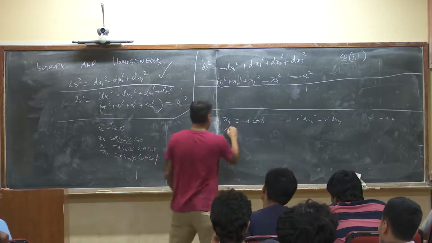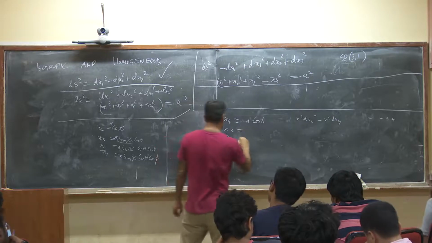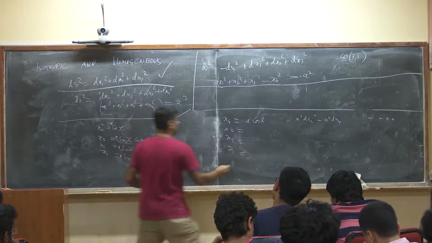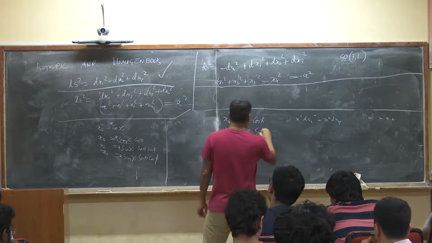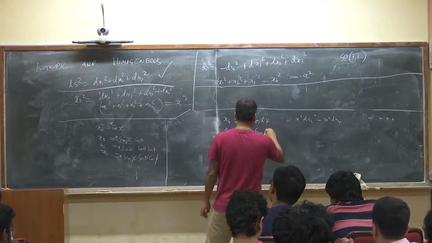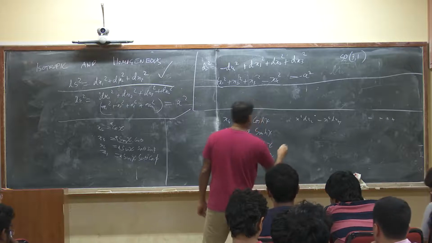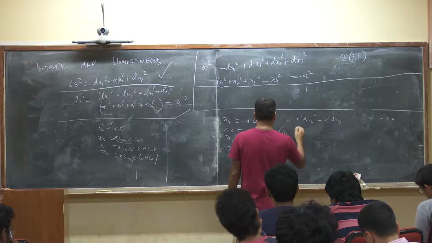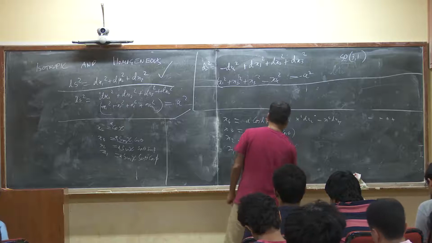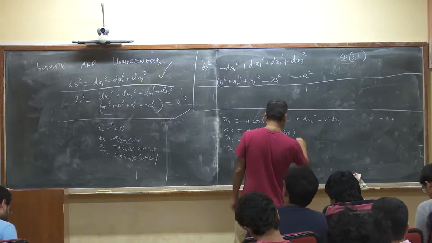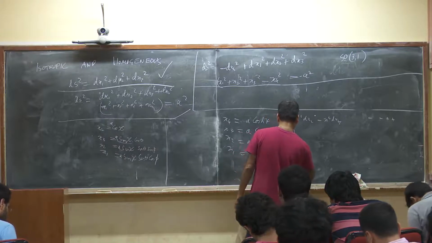Okay, so then x3, x2, x1 is equal to a cosh chi times sinh chi, and this is cos theta, sin theta sin phi, sin theta cos phi.